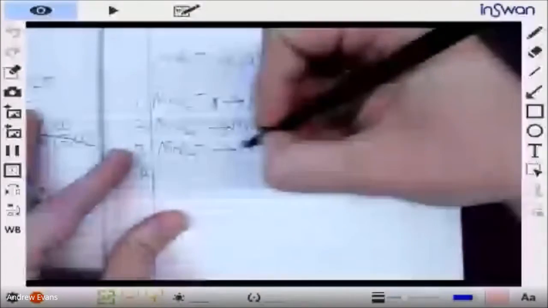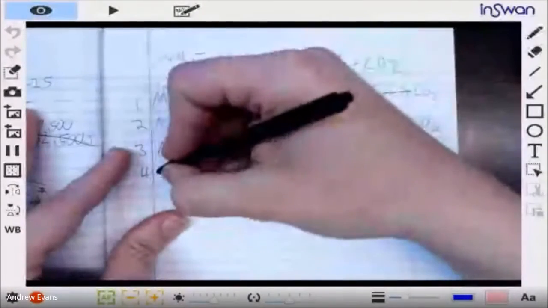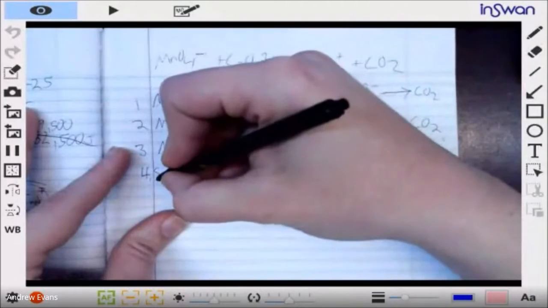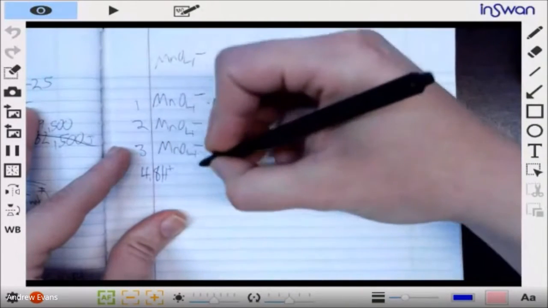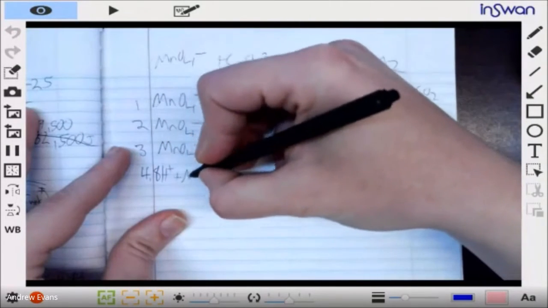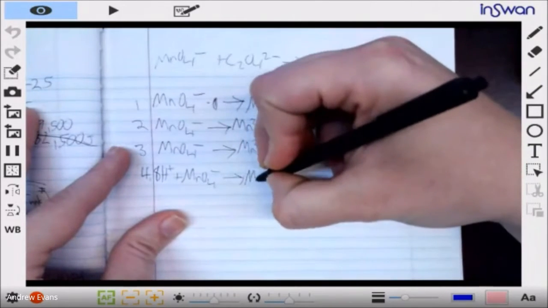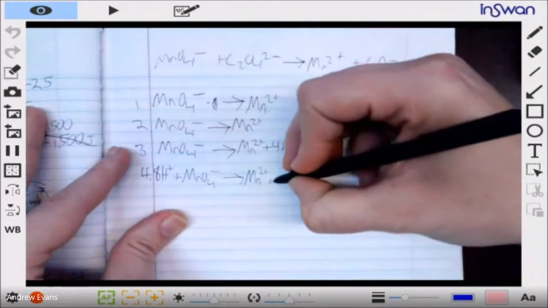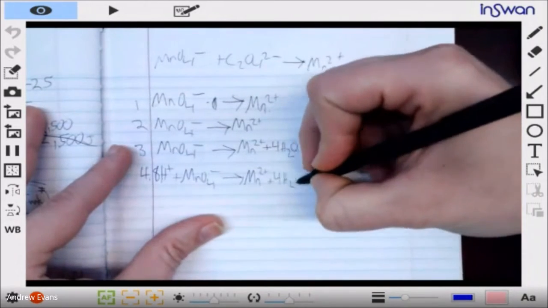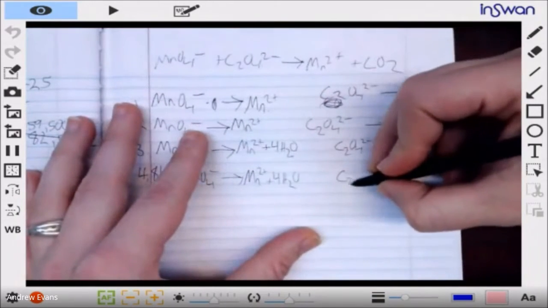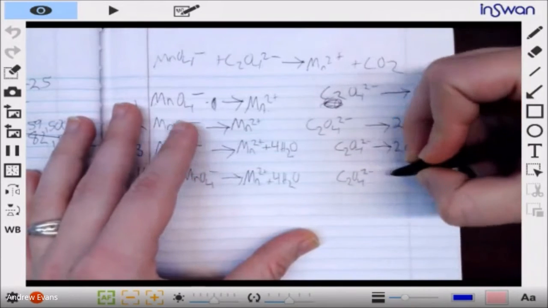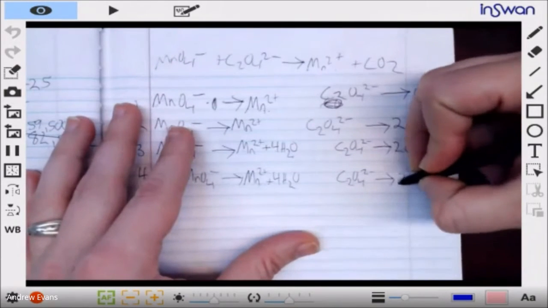So 4 times 2, there's 8 hydrogens on the right, so I need 8 hydrogens on the left. So 8 H+ plus the permanganate goes to Mn2+ plus 4 waters. This guy can still be kept the same because there's no hydrogens involved.